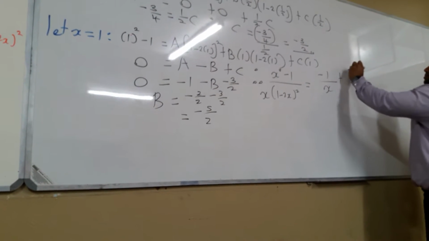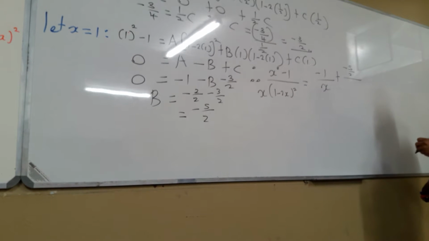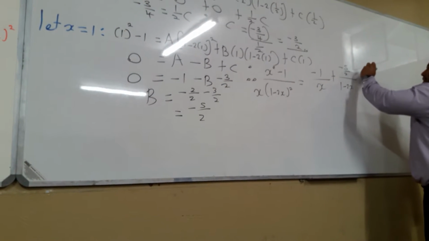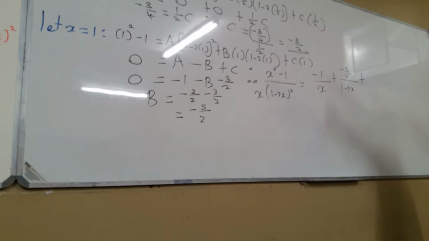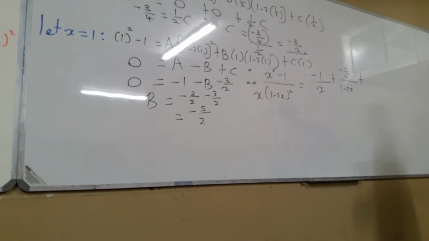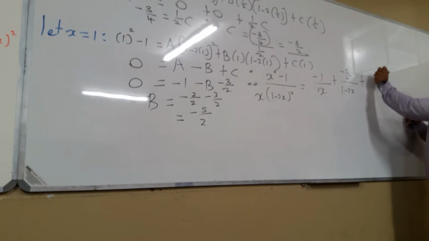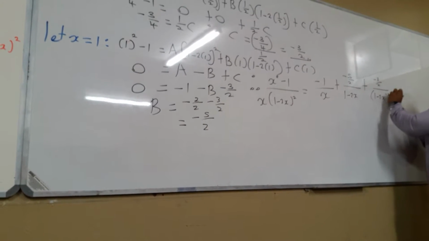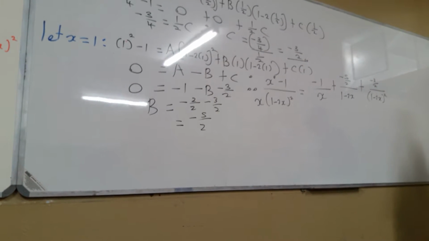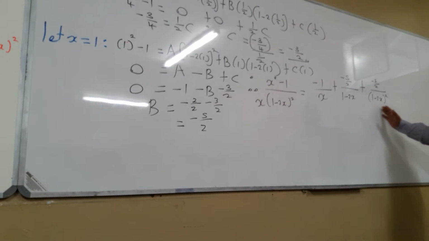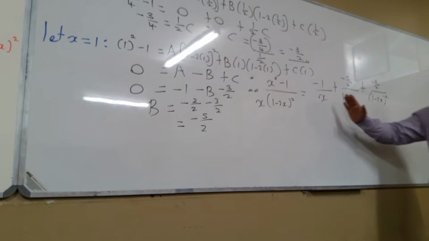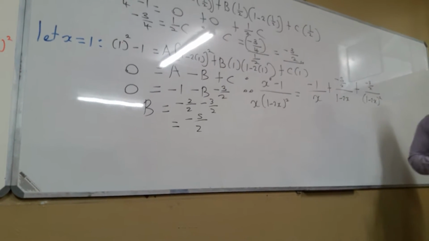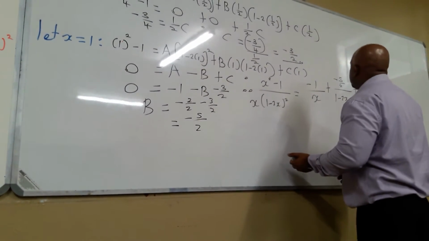Minus 5 over 2, all divided by 1 minus 2x, plus c all over 1 minus 2x all squared. What was c? It was minus 3 over 2, all over 1 minus 2x all squared. So I substituted. Now I can integrate this here. You need to remember your type A and B. And let's put our integration sign in.